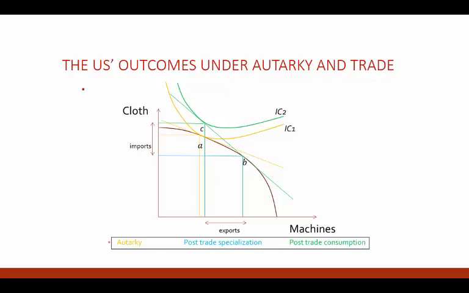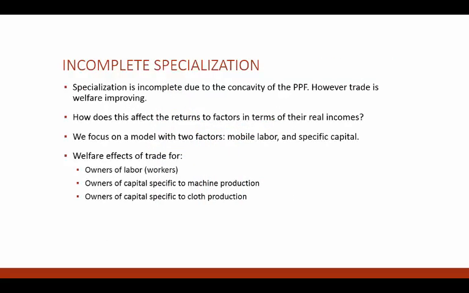With trade, the relative price of machine rises so that there is specialization in the US in the direction of comparative advantage, that is, toward more machine production, so that production is now at point B. At the new converged relative price of machines given by the slope of the line tangent to the PPF at point B, the US is able to move to a higher consumption bundle given by indifference curve IC2, which is tangent to the new relative price line at point C. As noted already, specialization is incomplete due to the concavity of the PPF.